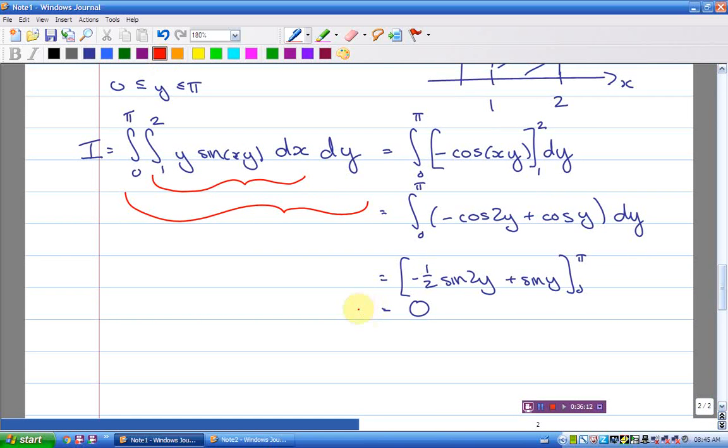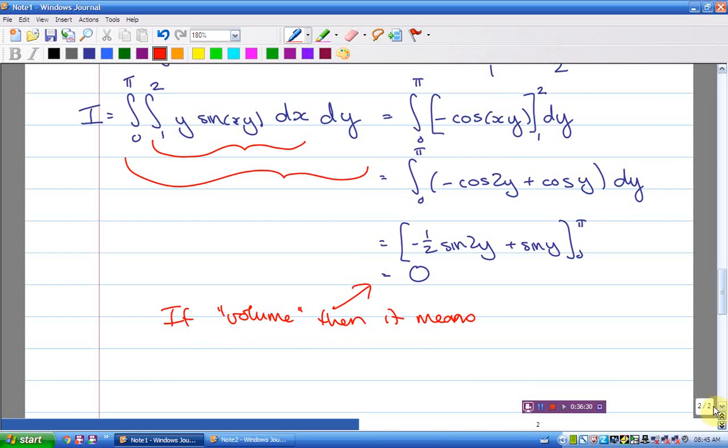Because an integral isn't actually a volume. An integral is only a volume if your surface is entirely above your xy plane. It means equal parts above and below the x-axis. Not x-axis, xy plane.